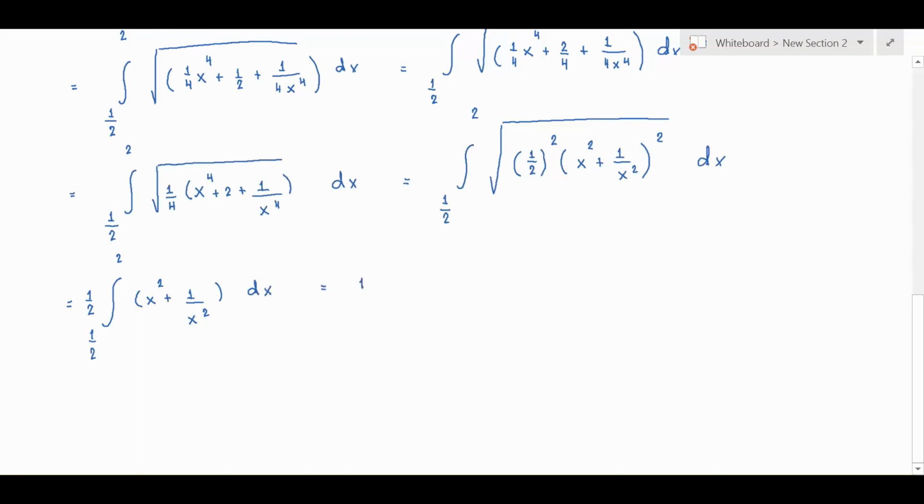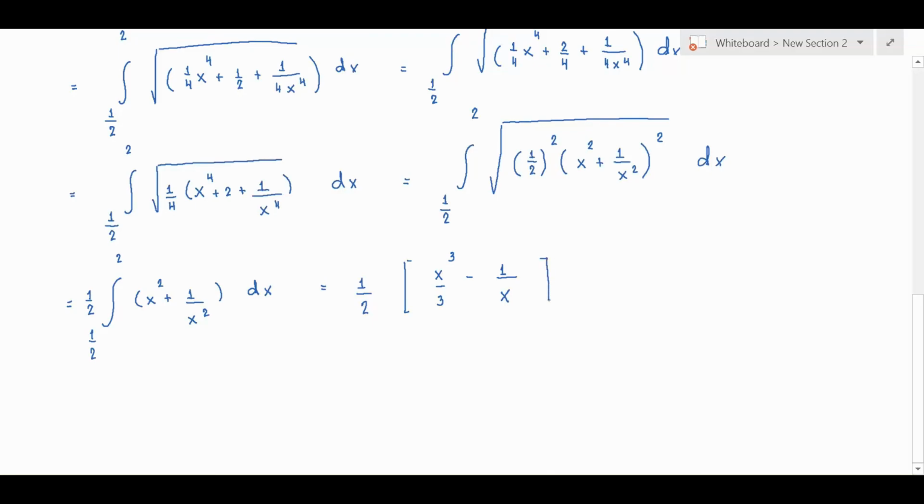Now it's easier to take an integral. Then you would have 1/2 times, taking an integral of each term. The first term, I'm going to have x cubed over 3. The second term, I'm going to have negative 1 over x, because this becomes x to the negative 2.